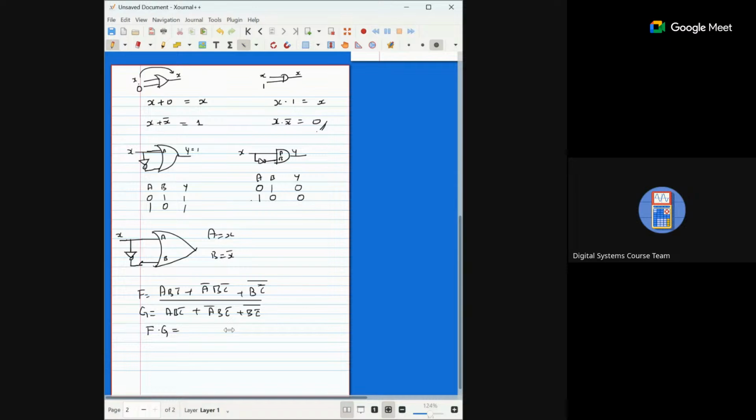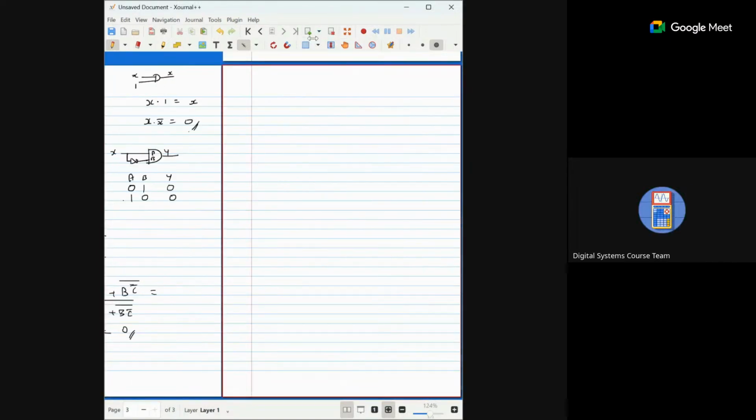Anyhow, when I simplify it, you get a single value, either 0 or 1 or some variable name, by substituting A, B, and C. So here F and G are complements of each other. So G is equal to F bar. F dot F bar is equal to 0. If I ask what is F plus G? 1. Okay, good. So these are the 2 points I want to emphasize here.